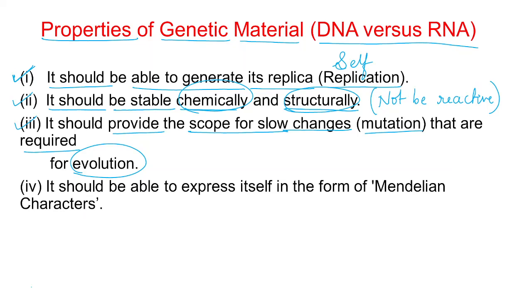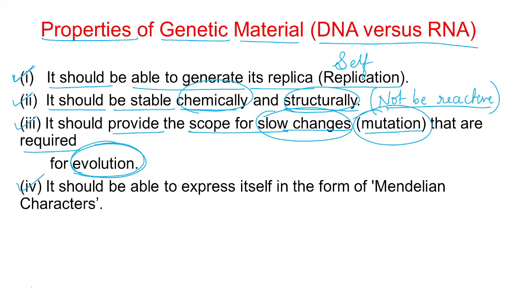Whatever molecule you take as genetic material, it should not be reactive, but it should show slow changes, which will lead to the mutations. By means of these mutations, it will lead to the evolution. Clear? For the purpose of evolution, it should show some slow changes that are called mutations. Clear?